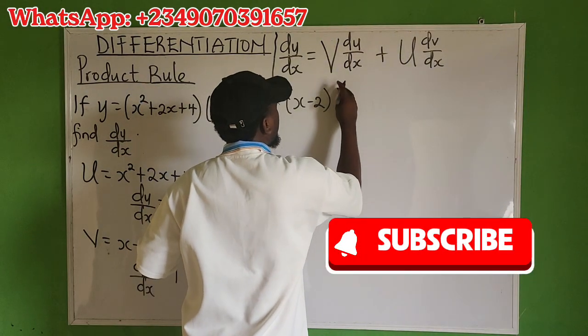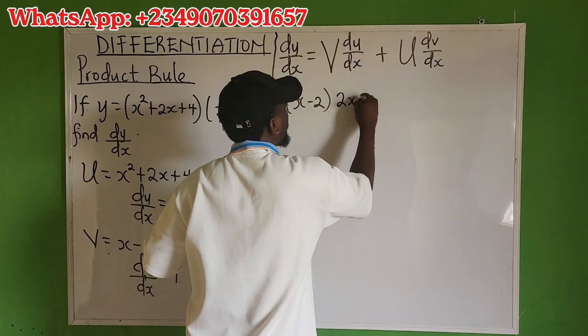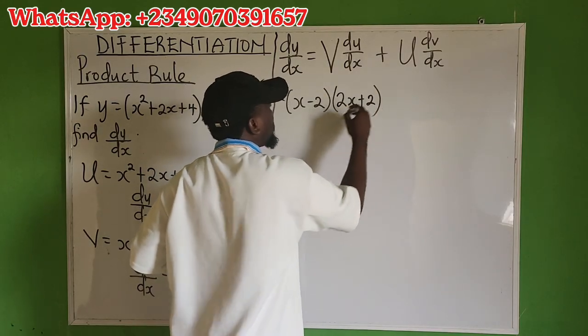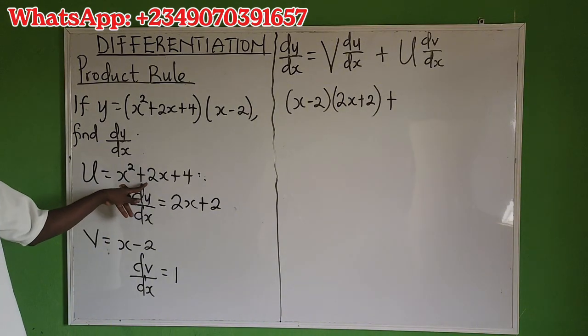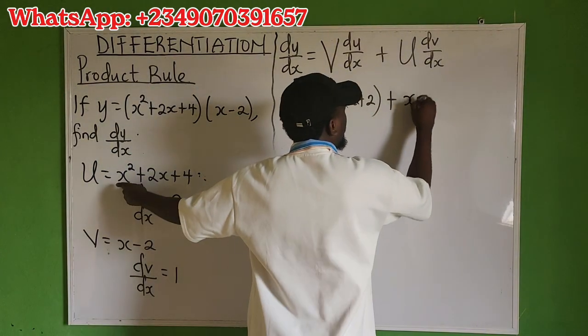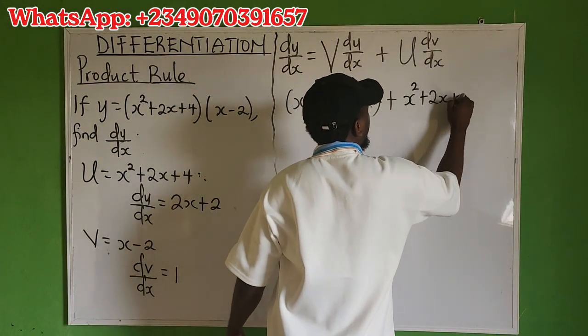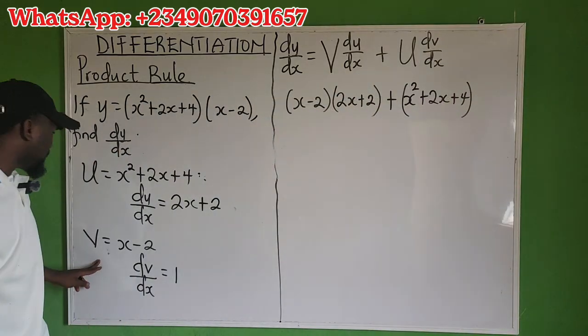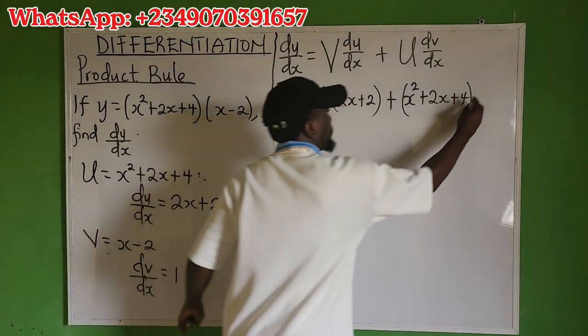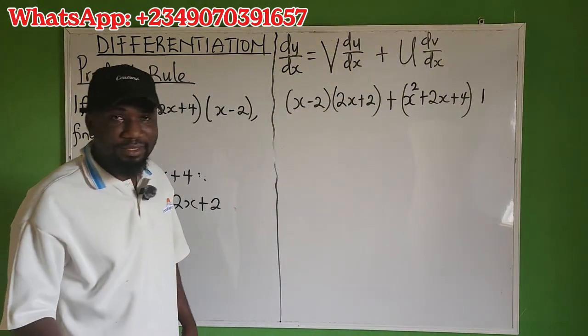You can put it in brackets. Then plus, what is u? U is x squared plus 2x plus 4, multiplied by dv over dx, which is 1. Are you getting it? All right.